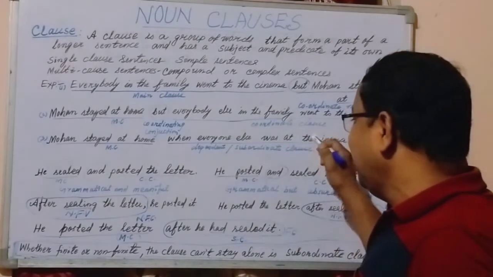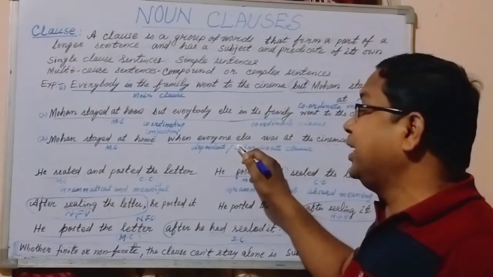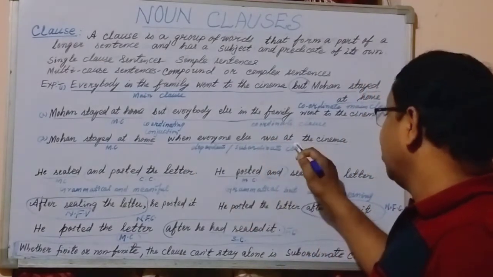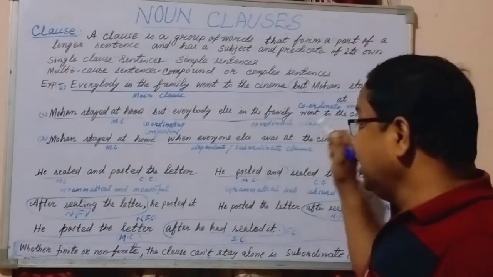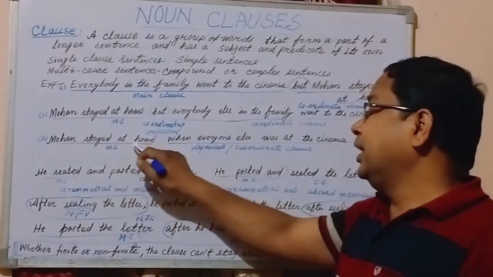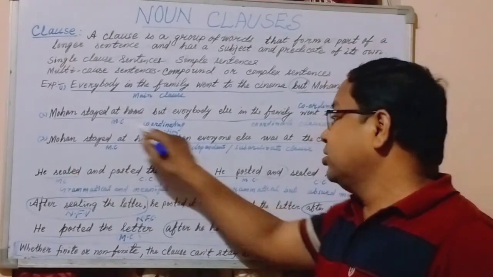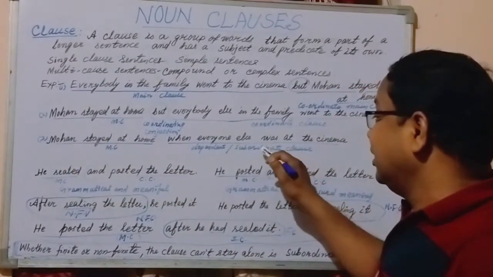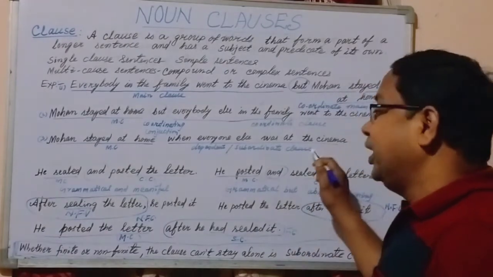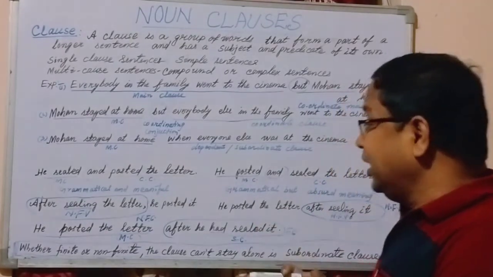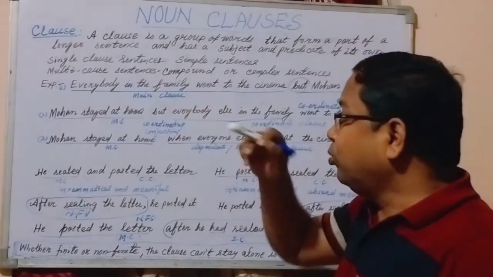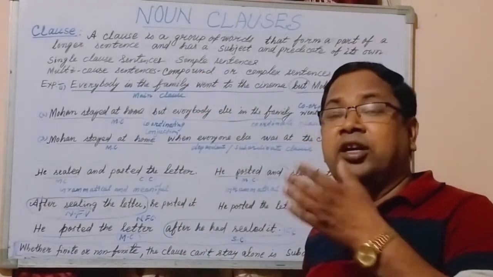It is not independent, so it is dependent. This part, when everyone else was at the cinema, depends on the main clause, Mohan stayed at home. So it is the main clause. As it depends, it is a dependent clause, or we can say a subordinate clause. But you see here, we can change the part 1 and part 2. That means we can reverse here.